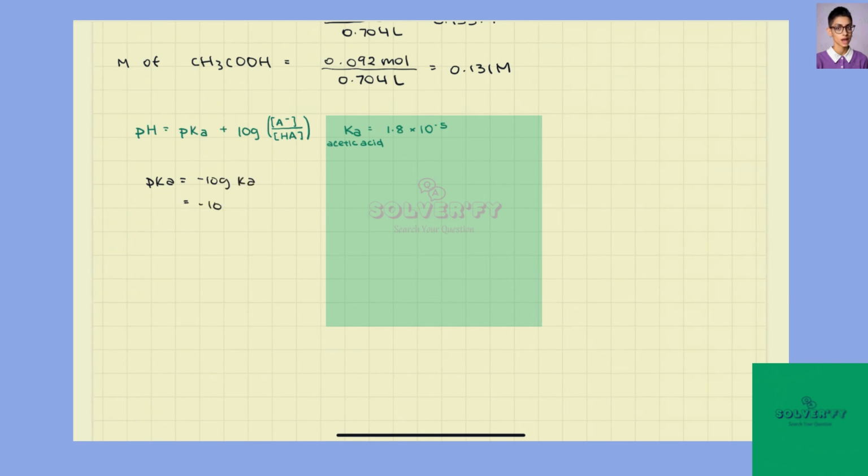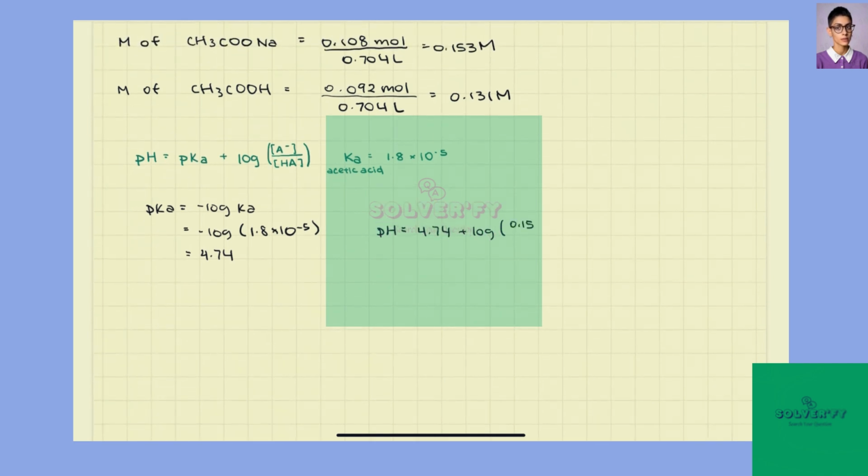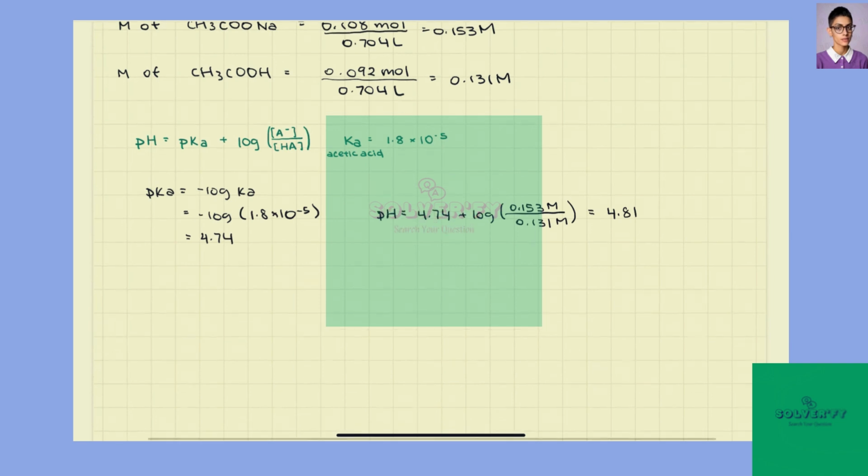And so using our given information from the appendix, we know that the pKa is 4.74. We can plug in the rest of our information into the equation to solve for the pH. And our pH is 4.81. That is our solution to part A.